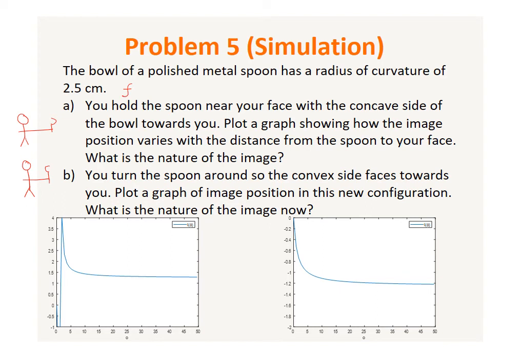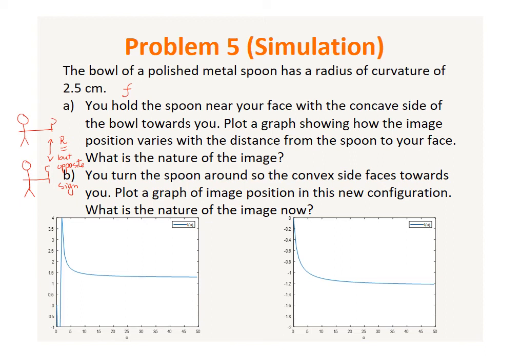Now, that is related, of course, to the radius of curvature, and the important thing to notice in these situations is that the sign of the radius of curvature changes. You've turned the spoon around and therefore the relative positions of the center of curvature and vertex have swapped around.